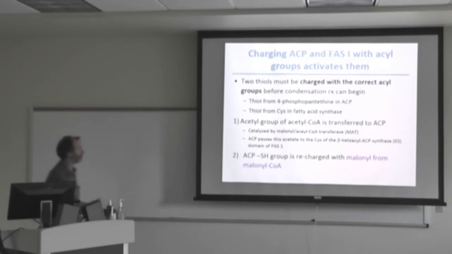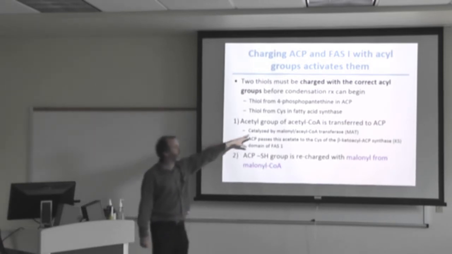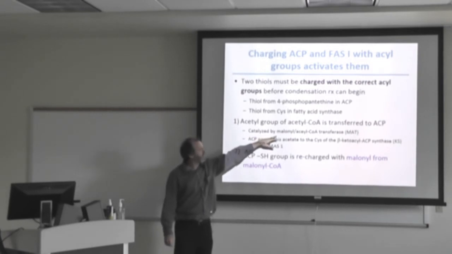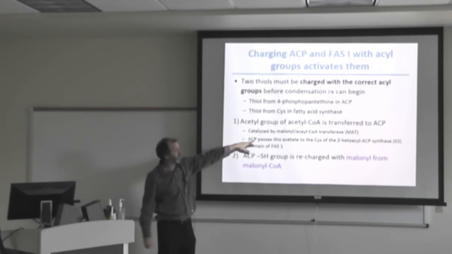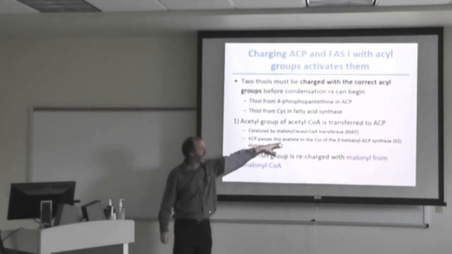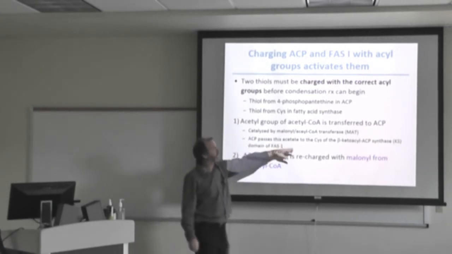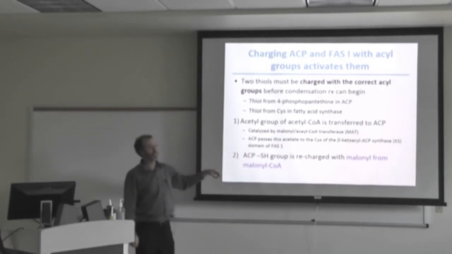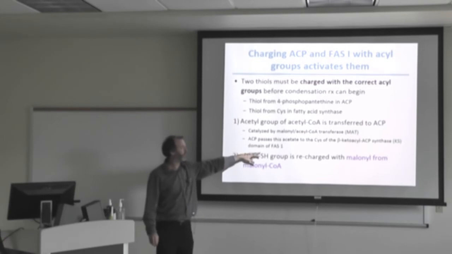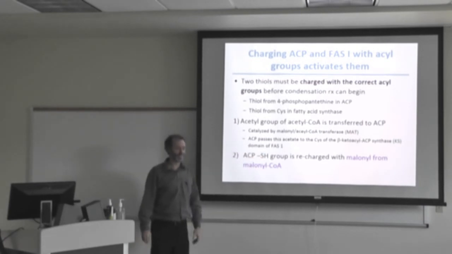And then the acetyl group from acetyl-CoA is then transferred to the acyl carrier protein, catalyzed by malonyl acetyl-CoA transferase. The acyl carrier protein passes this acetate to the cysteine of the beta-ketoacyl synthase domain of fatty acid synthase 1.